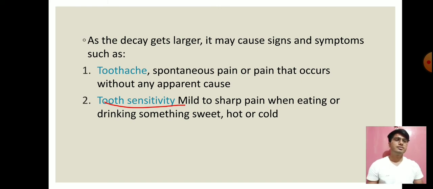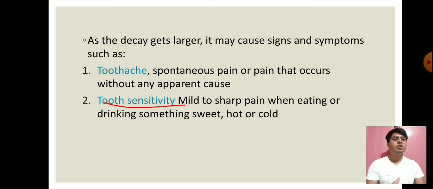Okay, this time I get it right, I'm sorry. So these things can irritate your nerve endings. In the pulp we have nerve endings, and these things can stimulate the nerve endings, and we have a sharp pain, and this is called tooth sensitivity.